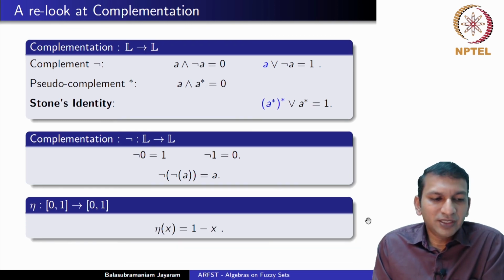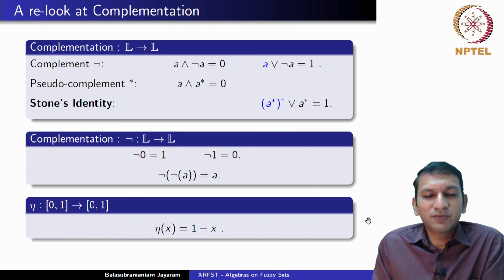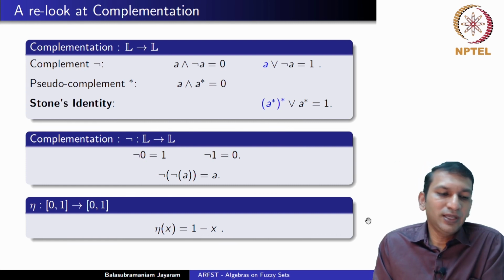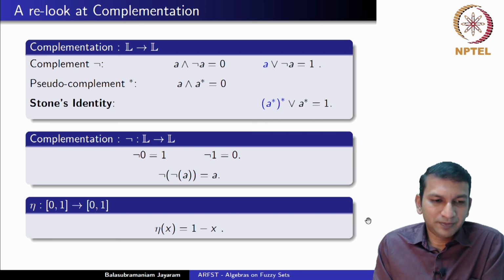One such function is this eta function, which is defined as 1 minus x. Eta of x is 1 minus x. Note that clearly eta of 0 is 1, eta of 1 is 0, and eta of 1 minus x is 1 minus 1 minus x, which is equal to x. So that means eta of A is actually A. So this seems to be a good candidate to be considered for complementation operation with involution.